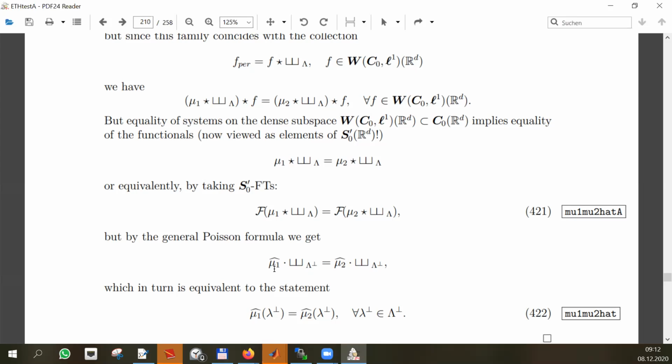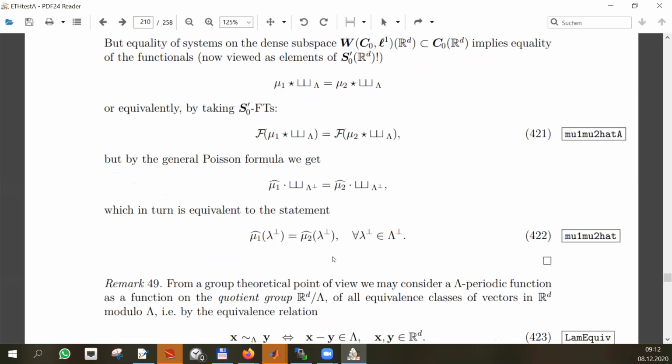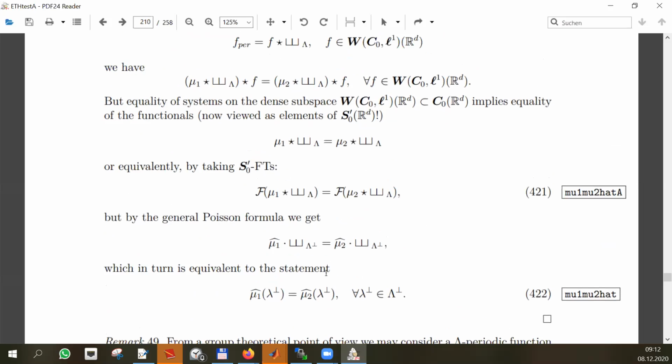But this is now a continuous function multiplied with a discrete Dirac comb, and therefore you have to have this. And actually you can also do the converse and say, well, if you have two measures which have the same Fourier coefficients at this level, everything is fine.